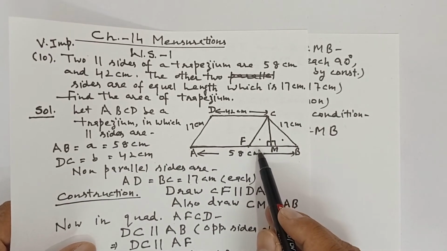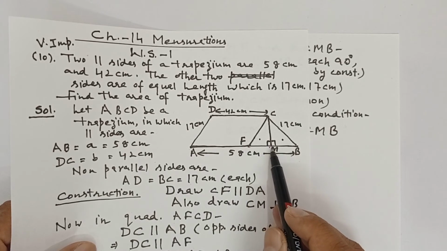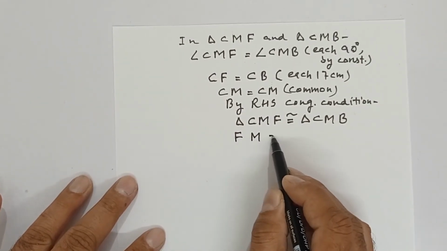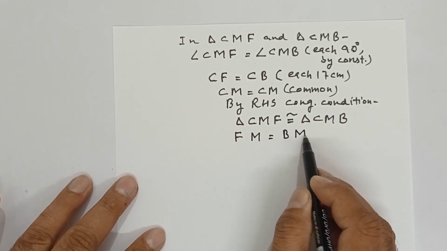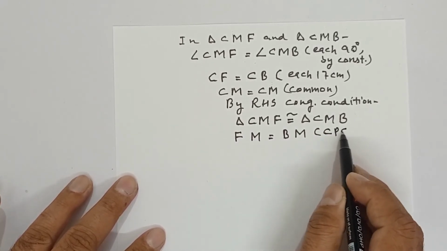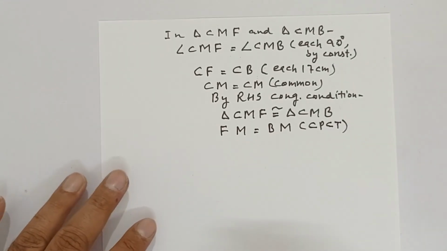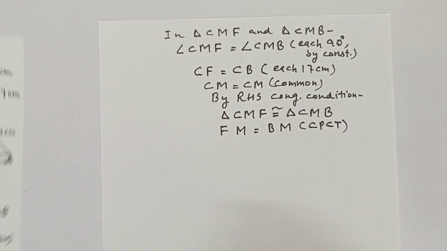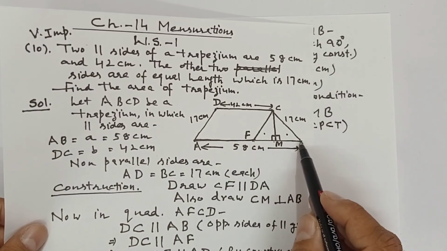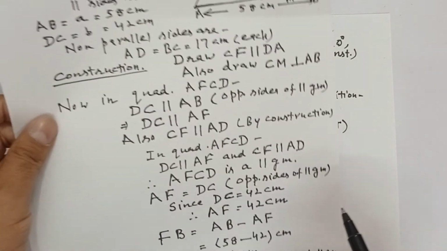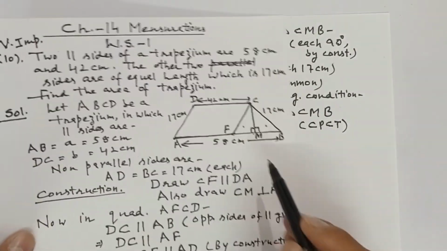So if congruent triangles are there, then FM and MB are equal. FM and BM are equal. Why? By CPCT, and CPCT means corresponding parts of congruent triangles. You have already found FB. FB is 16 centimeter.